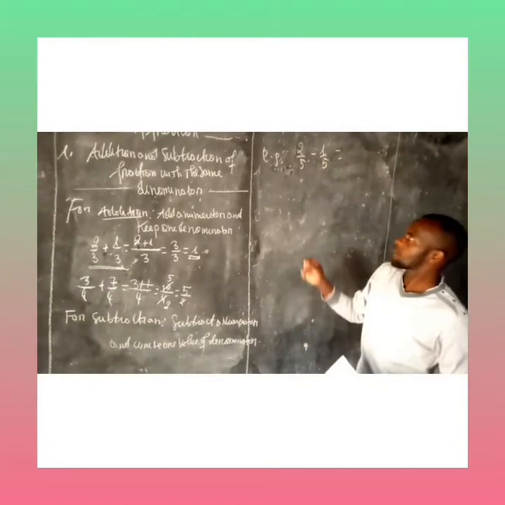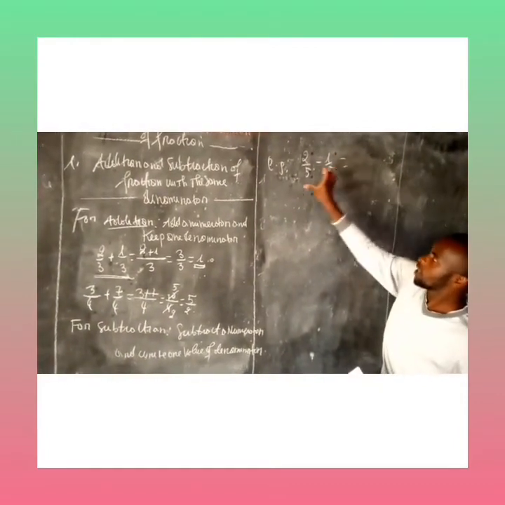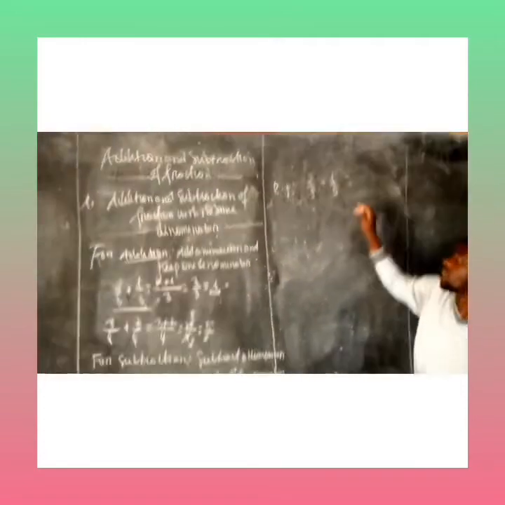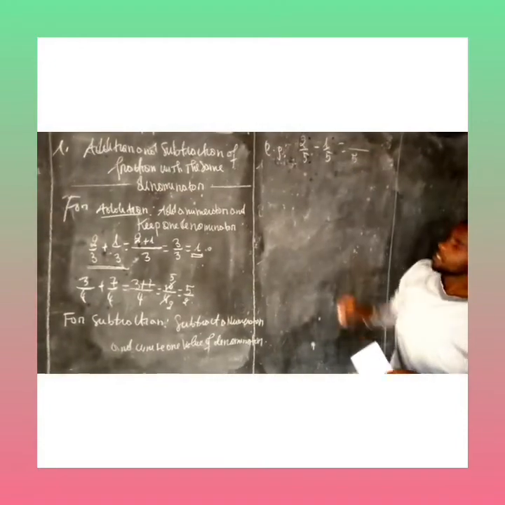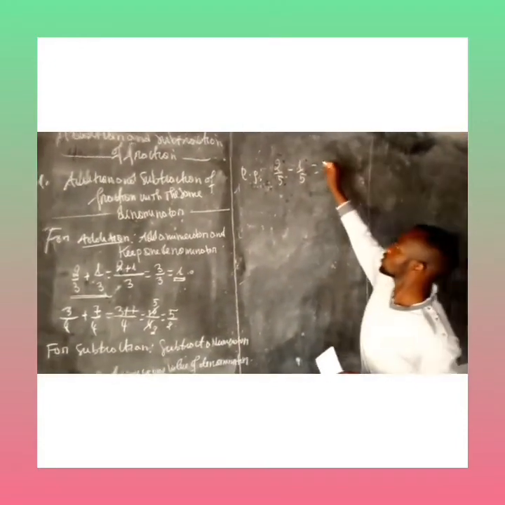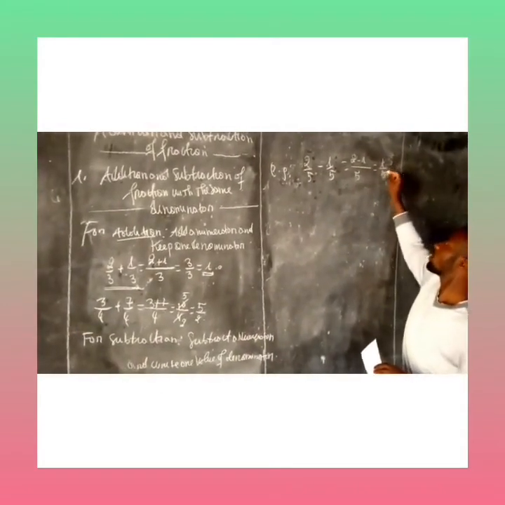The first fraction is 2 over 5 minus the second, 1 over 5. The denominators of the first and second fractions are the same. We write one value of the denominator, and now subtract the numerators: 2 minus 1, we get 1 over 5.